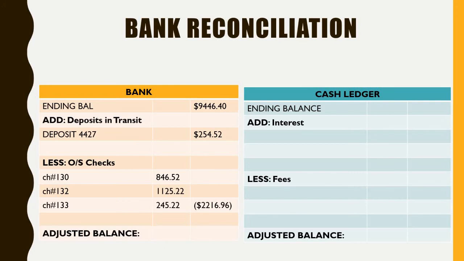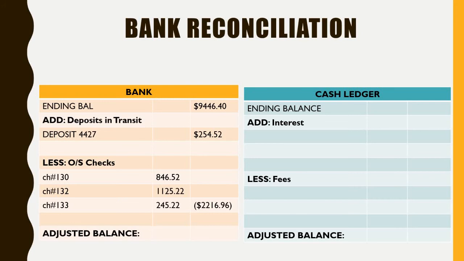And of course, here is where you can go ahead and add this up, because instead of actually having to subtract every single one, it could be easier if you just lump them together and say your total outstanding checks is going to reflect $2,216.96.